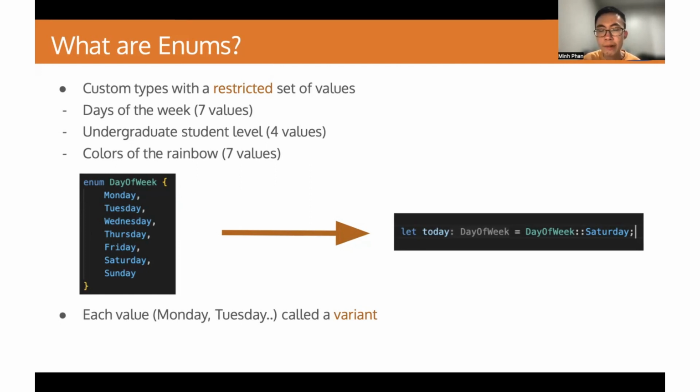And we also see an example of how to declare an enum. We just let variable today equal DayOfWeek, that's the name of the enum, colon colon Saturday. That is the value. Each of these values, Monday, Tuesday, Wednesday, etc., is called a variant. So the variable today we see here is of the variant Saturday of the enum DayOfWeek.